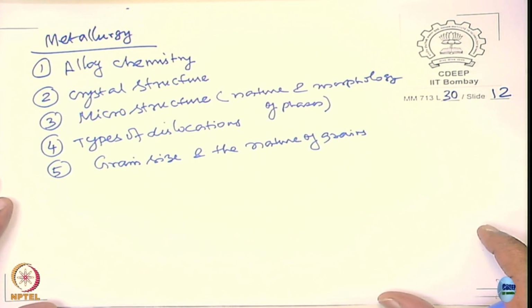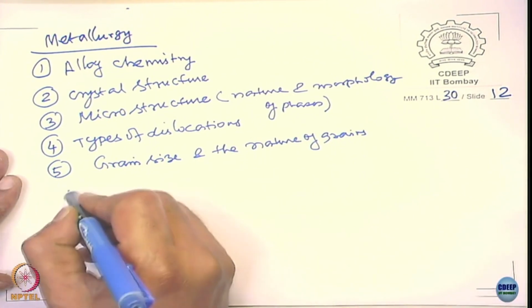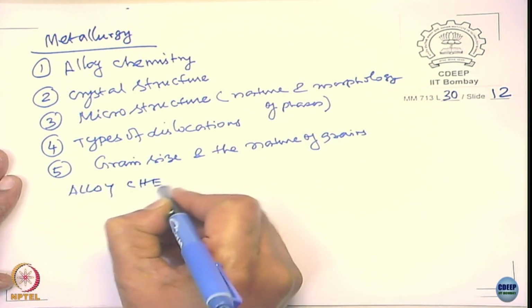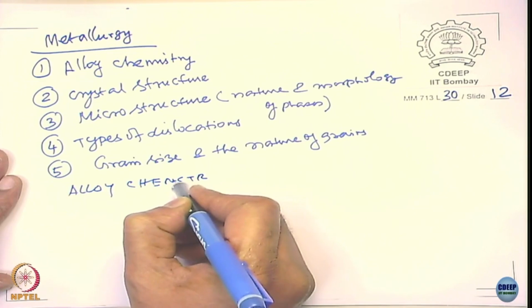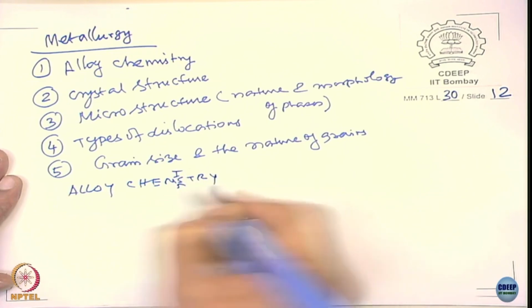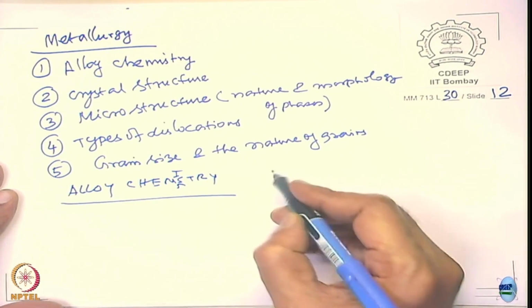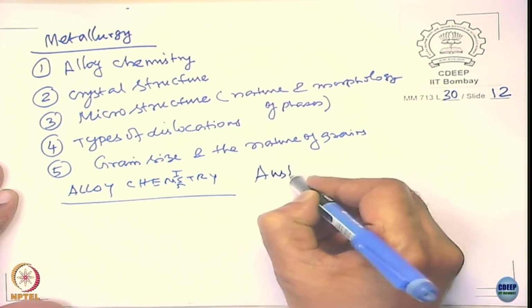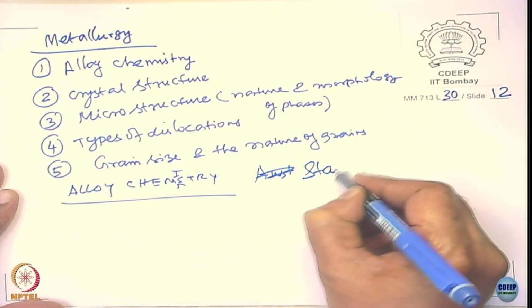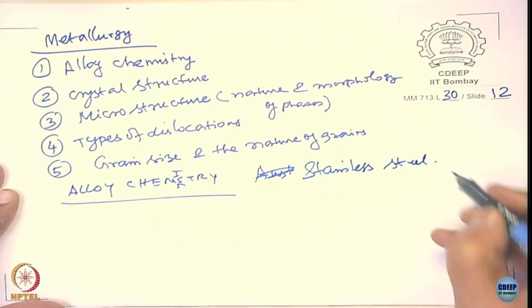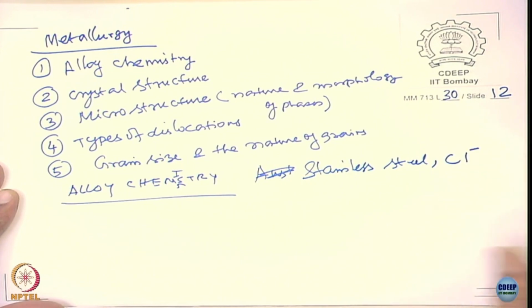Let me start with the alloy chemistry, one example I will give. I would take here the austenitic stainless steel, or stainless steel I call it, and its stress corrosion cracking in chloride environment.